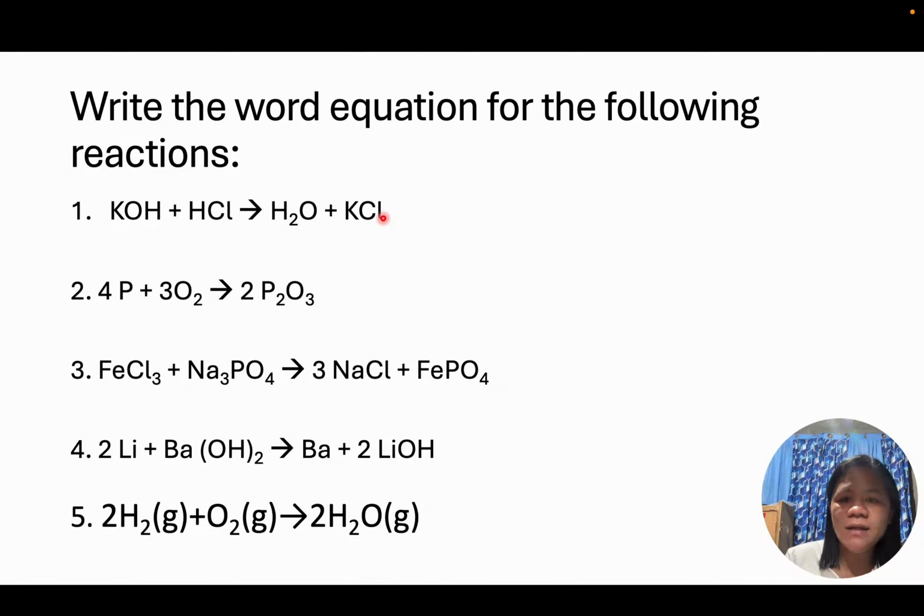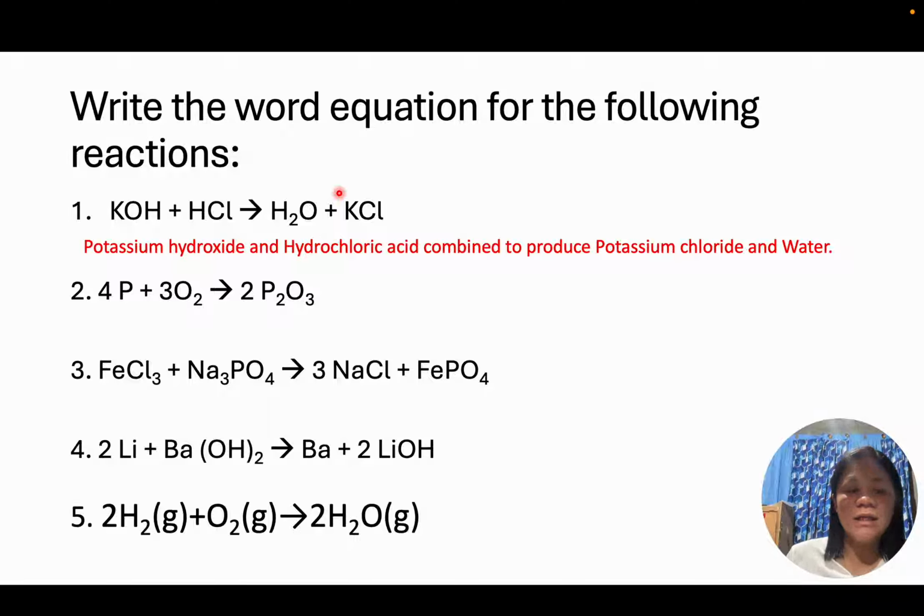And KCl naman is potassium chloride. So, in order for us to write it in words, potassium hydroxide and hydrogen chloride or hydrochloric acid combined to produce potassium chloride and water, or water and potassium chloride. So, ganun lang siya.